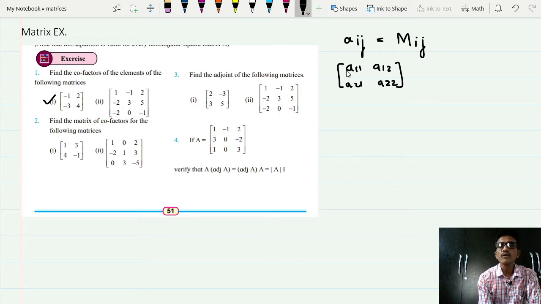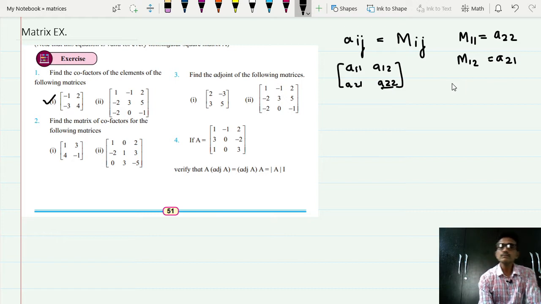Here minor of this element a11 we denote by M11, and it is the opposite element, that is, the determinant of this, so it is a22. Minor of the element a12, इस element का minor होगा, we denote by M12, and it is this opposite element, so it is a21.